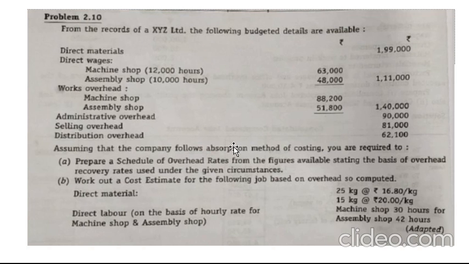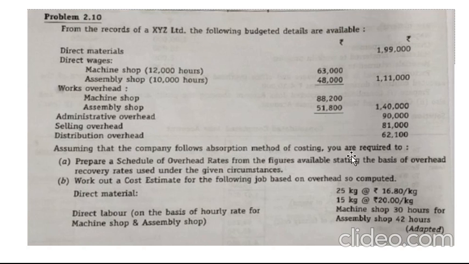Irrespective of fixed, variable or any other kind, all expenses will be considered in the cost sheet. So there's no specification of expenses here. Every expense of every job will be considered.